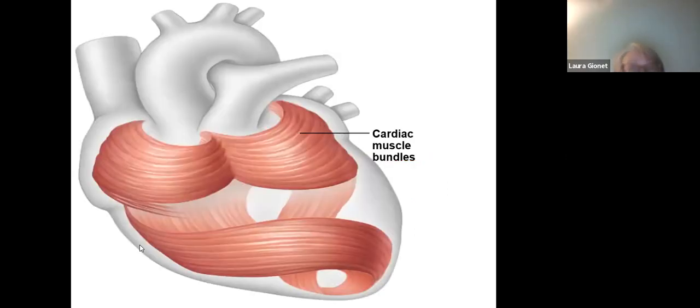So this picture kind of shows you the orientation of the muscle fibers. When we talk about the sequence of contraction and how blood is moved through these different chambers, each chamber is sort of like its own little balloon. The upper chamber is called the atria, and the lower chamber is called the ventricles, and they need to be contracting in unison.